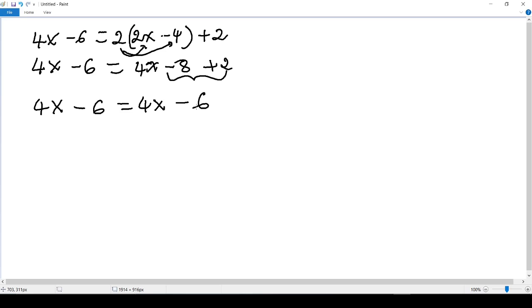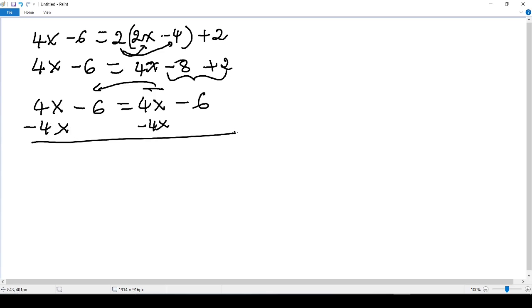Here we have to have x's on the same side and all other values on the other side. I choose to send this 4x to the other side. So what will I do? I will do negative 4x on both sides, right?